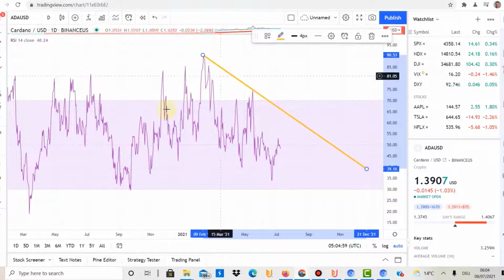It has been going up here, but since the 11th of February, we've actually been going down on the RSI, which is a trend indicator as well. So that indicates that we are still not over the line yet, I would say.